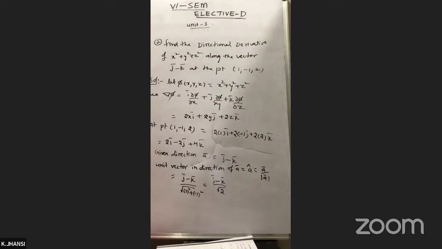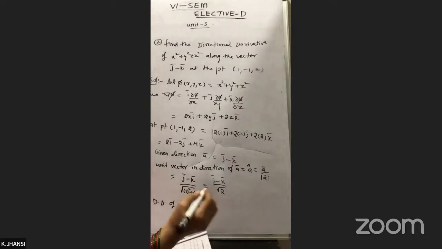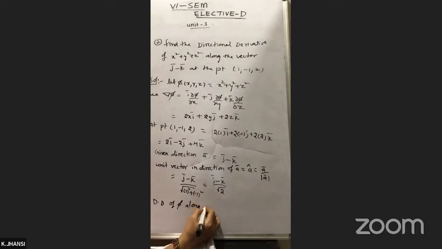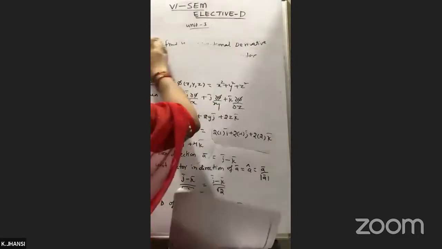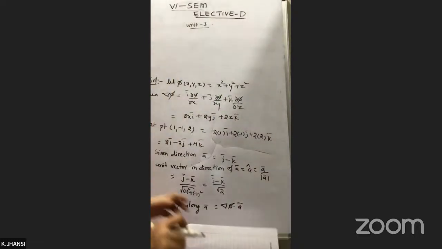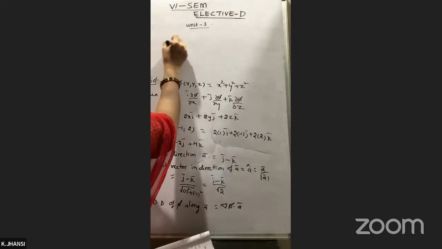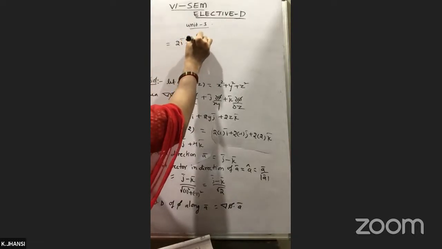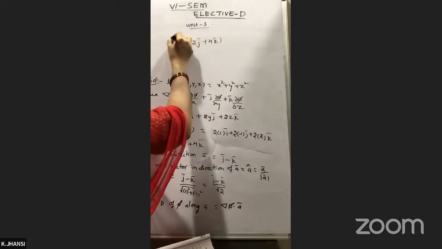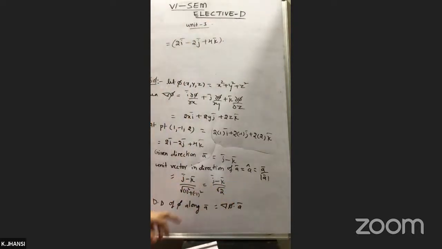The directional derivative of phi along A cap is del phi dot A cap. So the directional derivative we got is (2i - 2j + 4k) dot A, where A value is (j - k) by root 2.